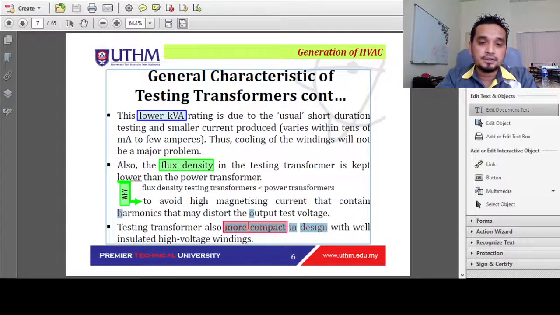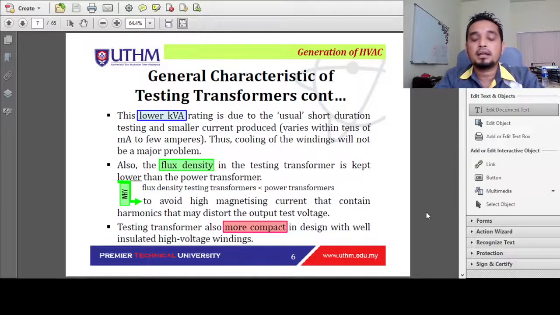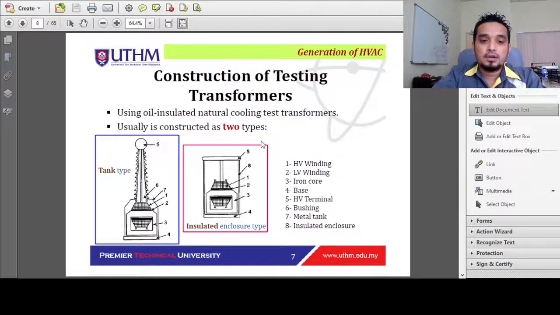That is the difference. Why? We don't need to worry about the cooling system, and we don't need to worry about the high kVA, high power rating. That is why the testing transformer will have a much more compact design compared to the power transformer.